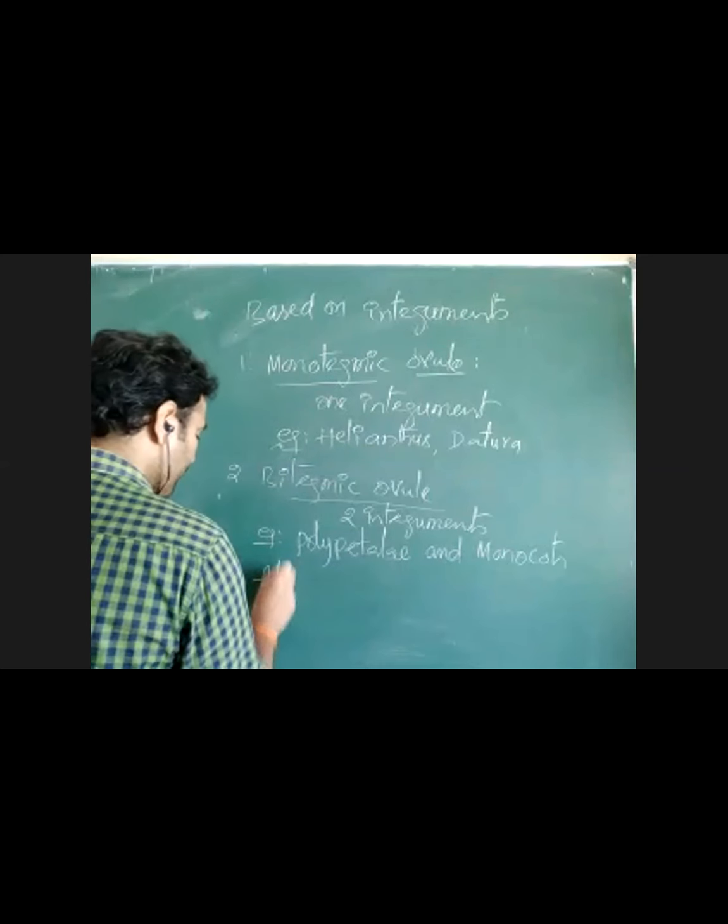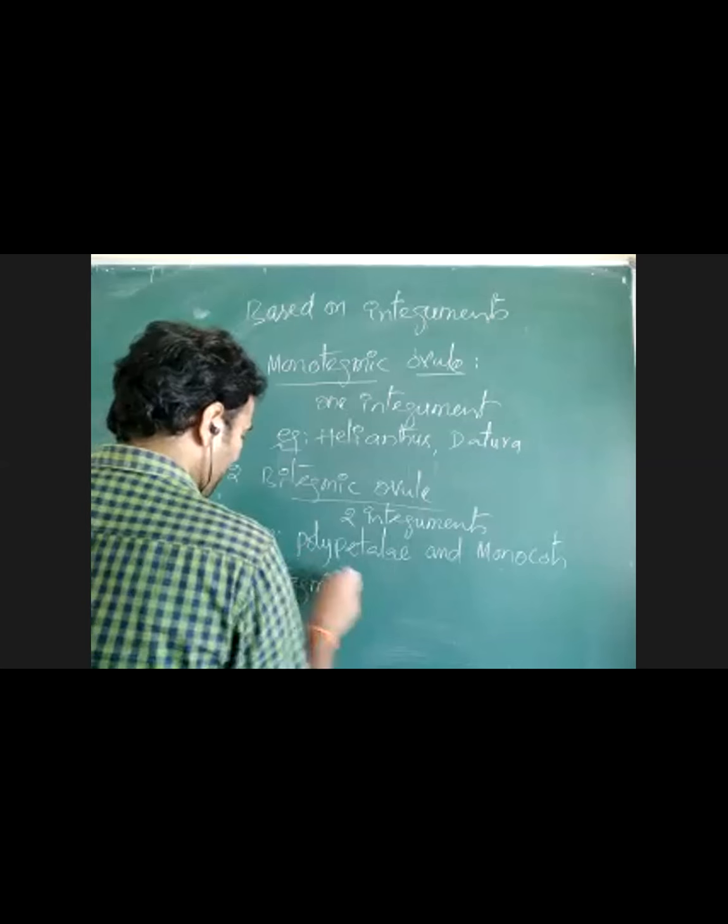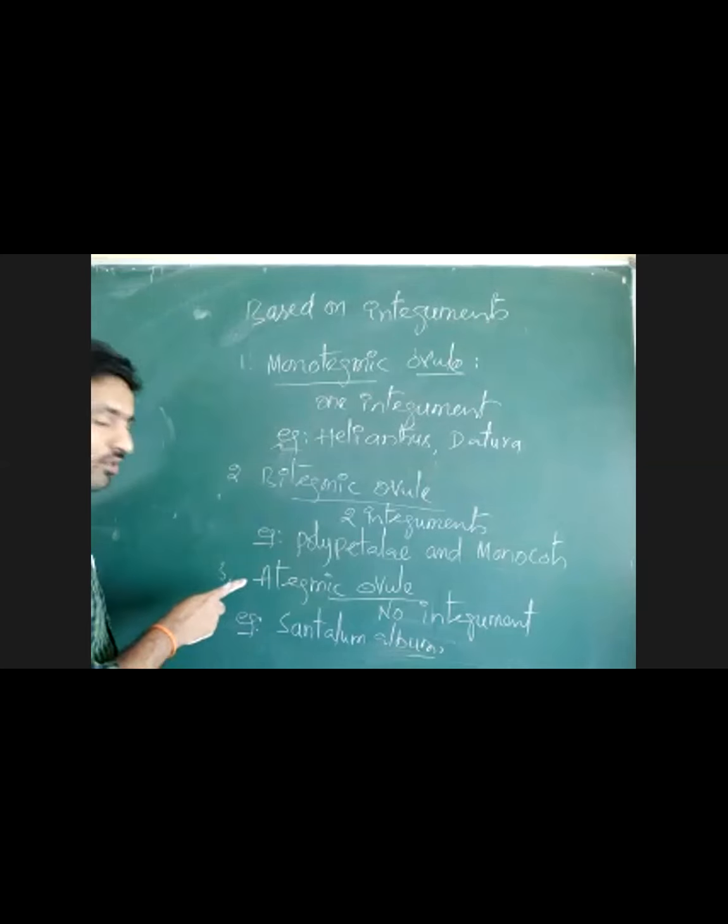Third one, ategmic ovule. Ategmic ovule means ovule with no integument, where integument is absent. This ategmic ovule has no integument, but the embryo sac is protected. That is seen in a plant called Santalum album, sandalwood.